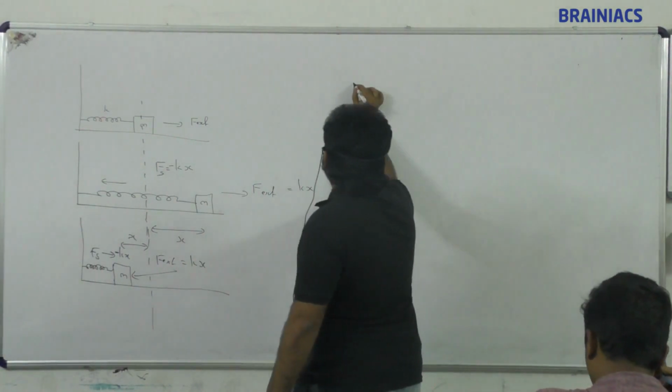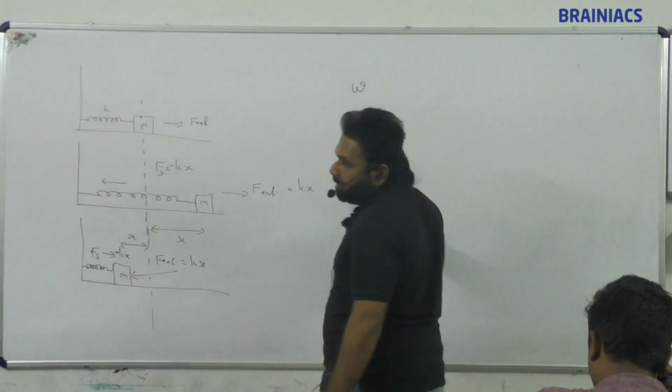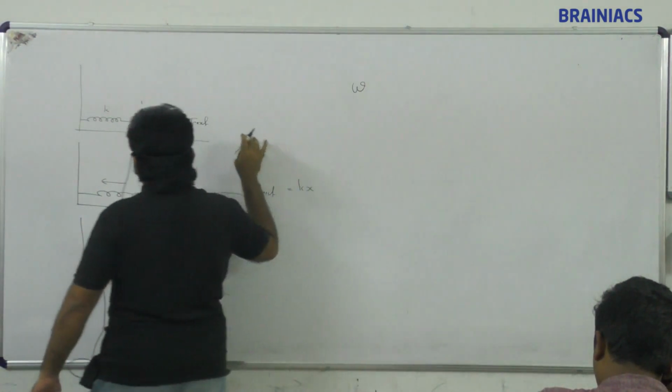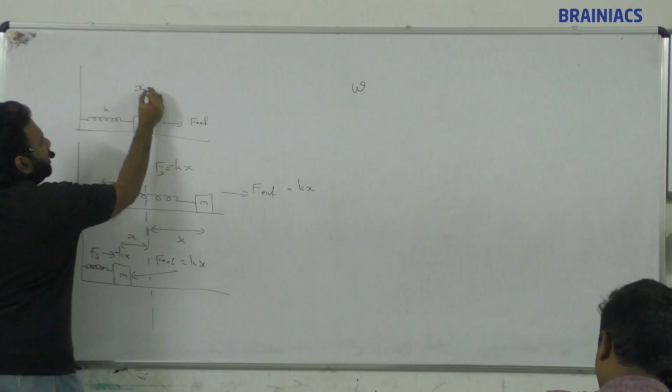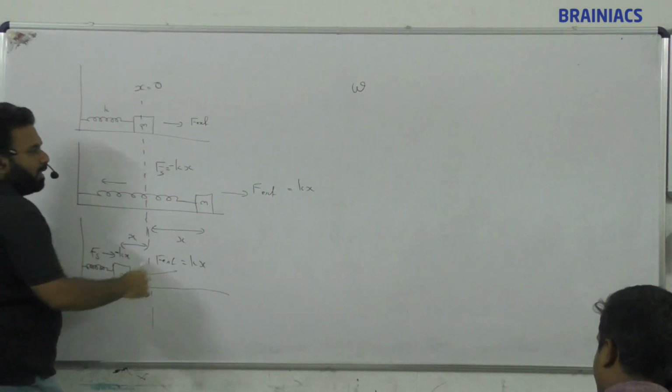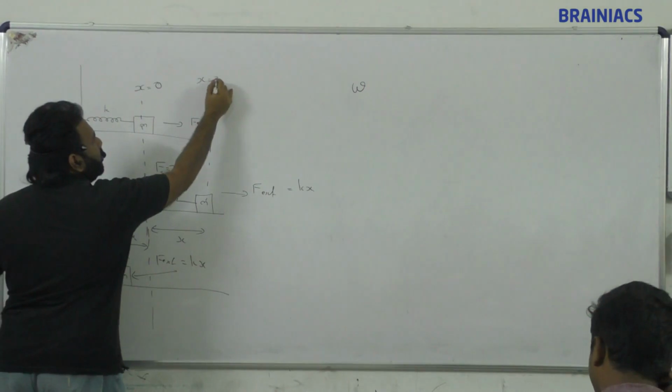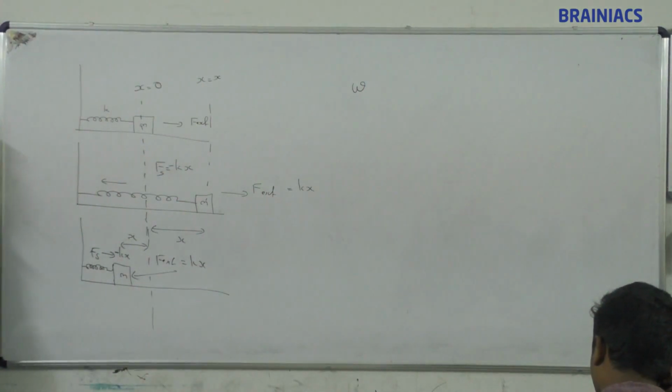Now I am taking the elongation equal to 0 at this position, and at this position the elongation is going to be x itself, from 0 to x.